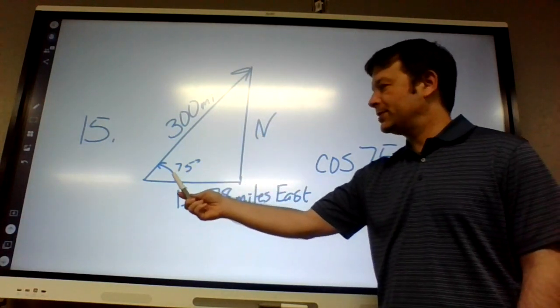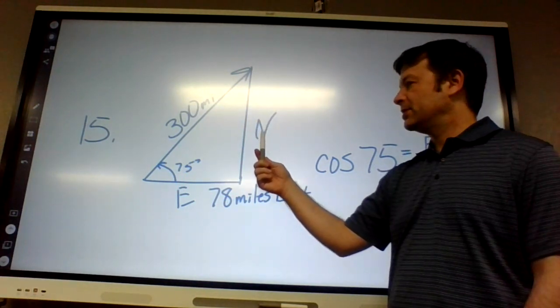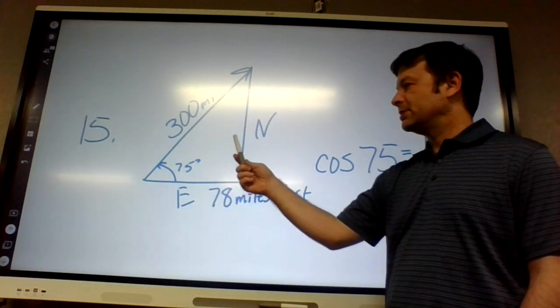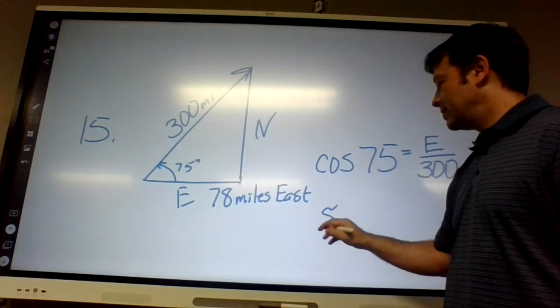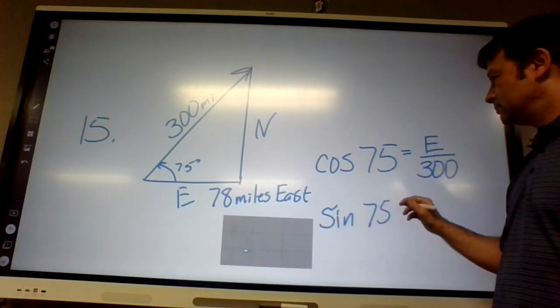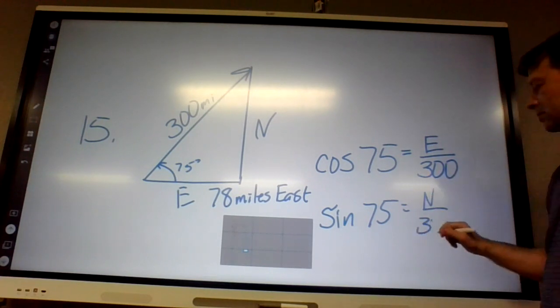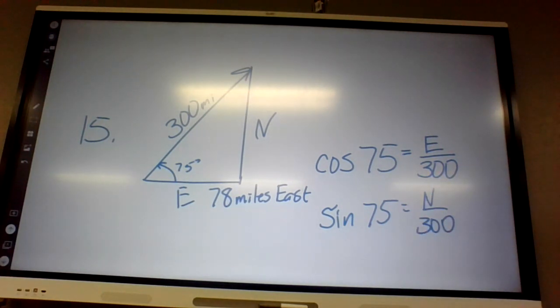So relative to 75, this is the opposite, and we have the hypotenuse, so sine.